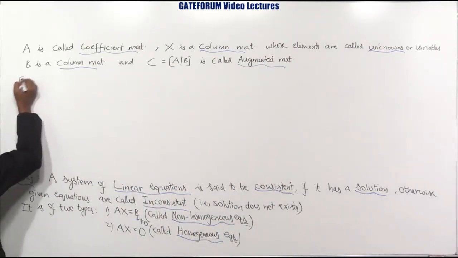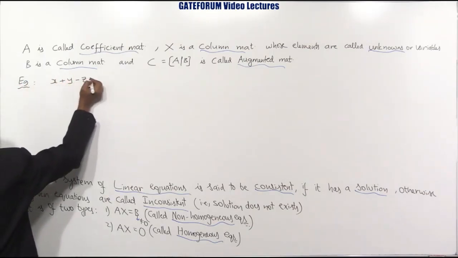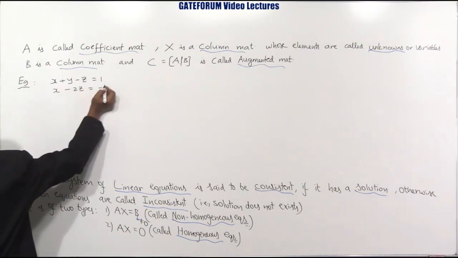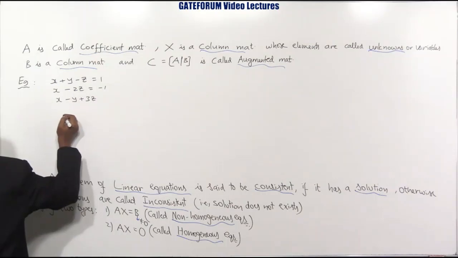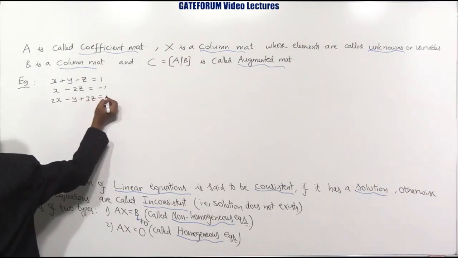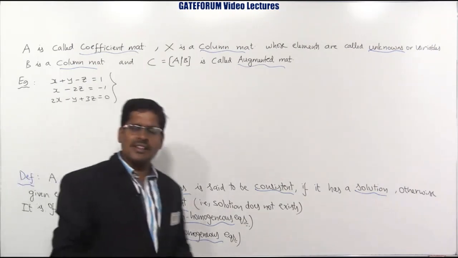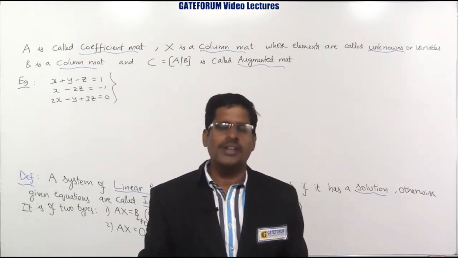See, example, x plus y minus z is equal to 1. x minus 2z is equal to minus 1. x minus y plus 3z is equal to 2x, equal to 0. How many equations? I consider 3 equations. How many variables? 3 variables, which are also called unknowns, x, y, z.